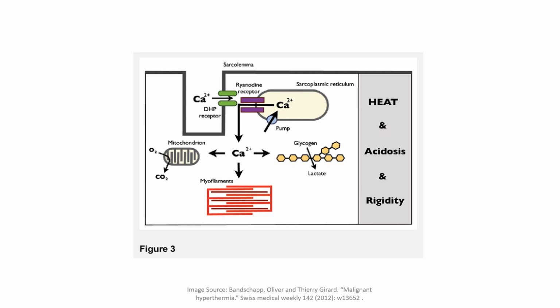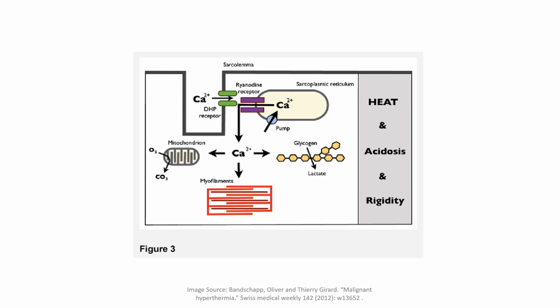A mutated ryanodine receptor remains locked open, leading to the uncontrolled release of calcium with elevation of cytoplasmic calcium levels and continuous muscle activation, as well as ATP breakdown. Muscles can't relax. The sarcoplasmic reticulum cannot resequester calcium, and the relaxation patterns cannot take place.